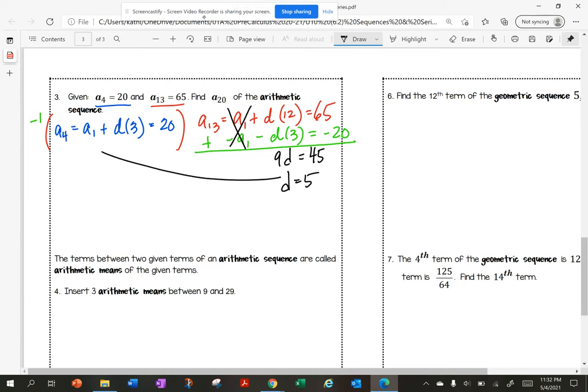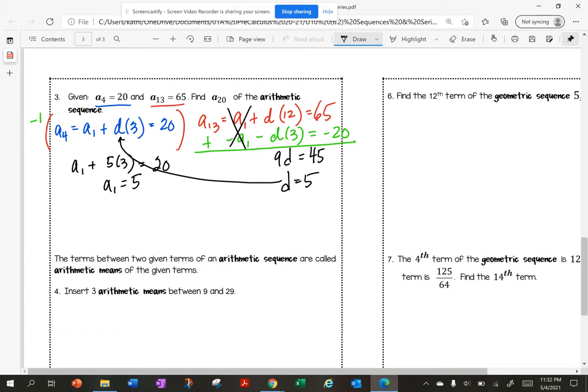I'm going to substitute it into the first equation so I can solve for the first term. So I have a1 plus 5 times 3, which is 15, equals 20. So I know a1 is 5.